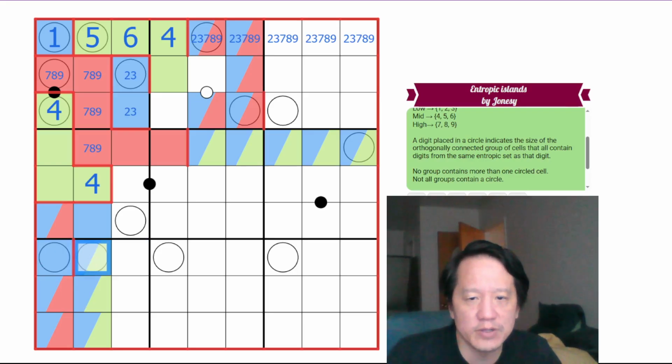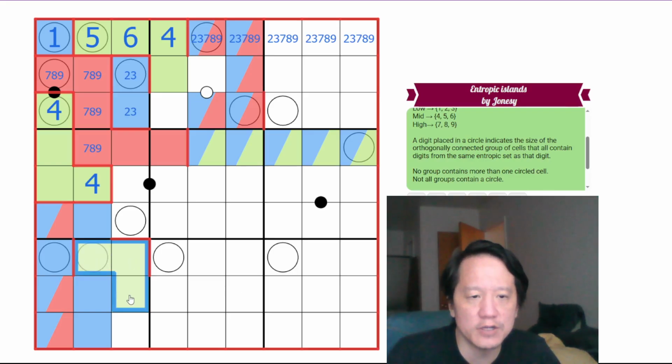That means this can't be low here because these have to be different entropic sets. So we have all the mediums in column 2. That means medium has to go that way. These have to be different entropic sets. So then we have to have medium go that way.